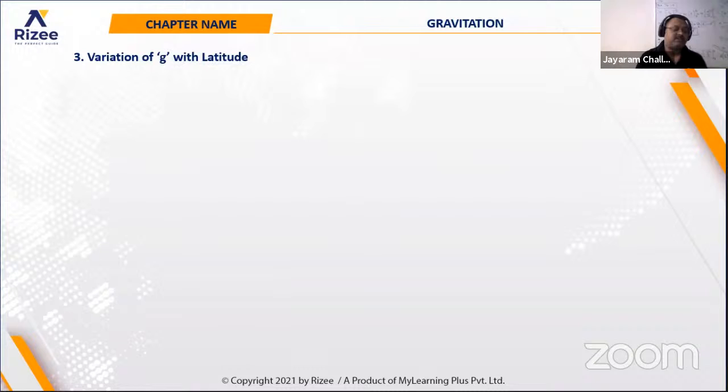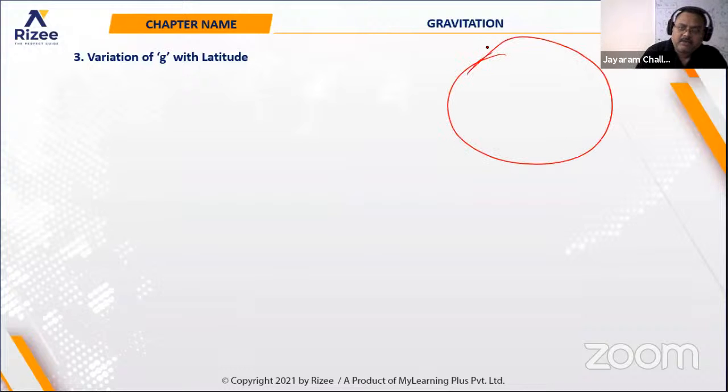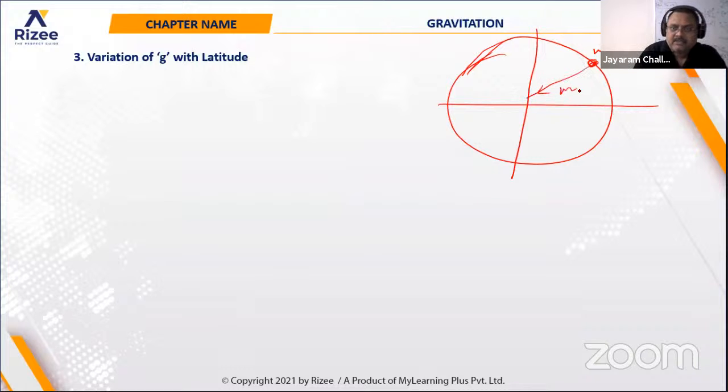Now variation of g with respect to the latitude. How g varies with respect to the latitude comes with a huge derivation. I'm not going into that particular derivation, it's time consuming. I'll just explain briefly. Suppose you take a mass here, then one force mg will be acting in this direction, and your centrifugal force m R omega square will be acting in this direction. The angle between them, if this is theta, then this will be 180 minus theta.